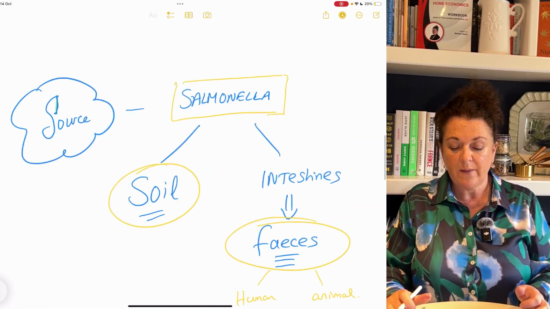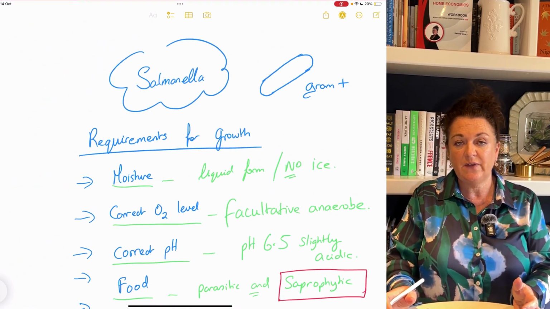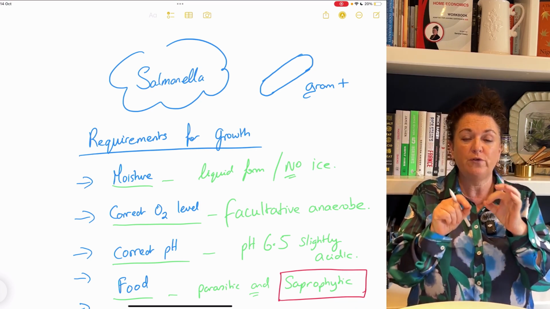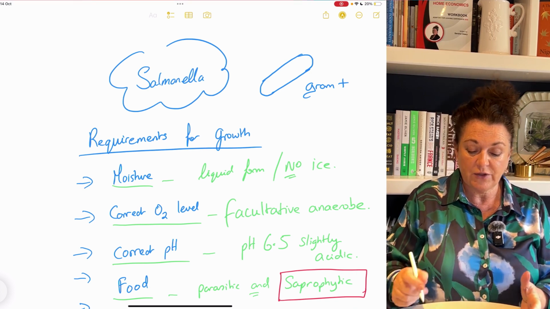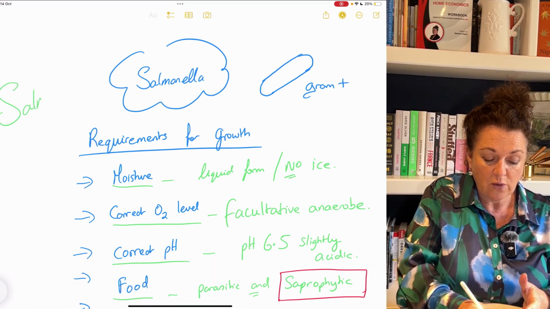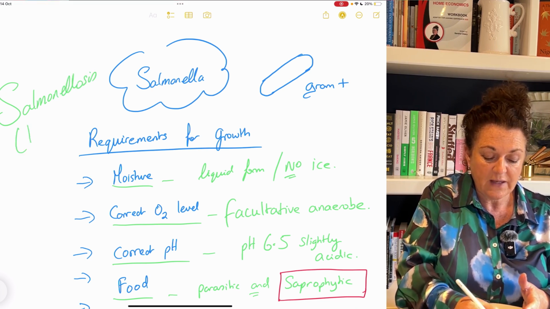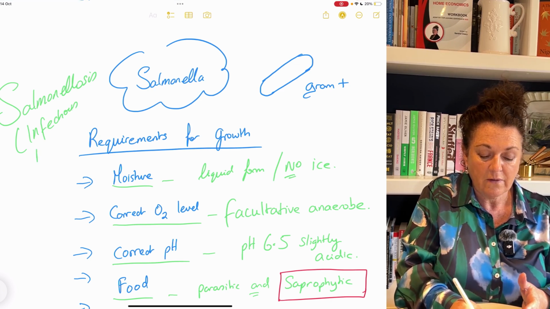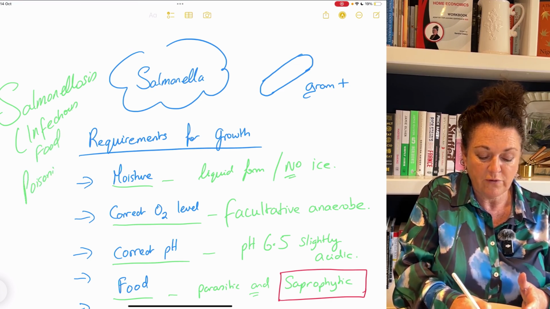So just to recap on Salmonella. In 2013 and 2019, they said take one, remember they can't be specific, take one food poisoning that you have studied, and you've chosen Salmonella. And just to know that the food poisoning caused by Salmonella is called Salmonellosis, and it's infectious food poisoning.